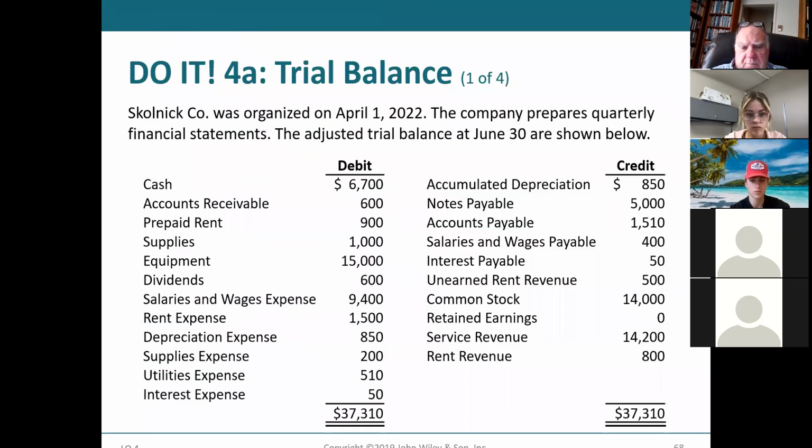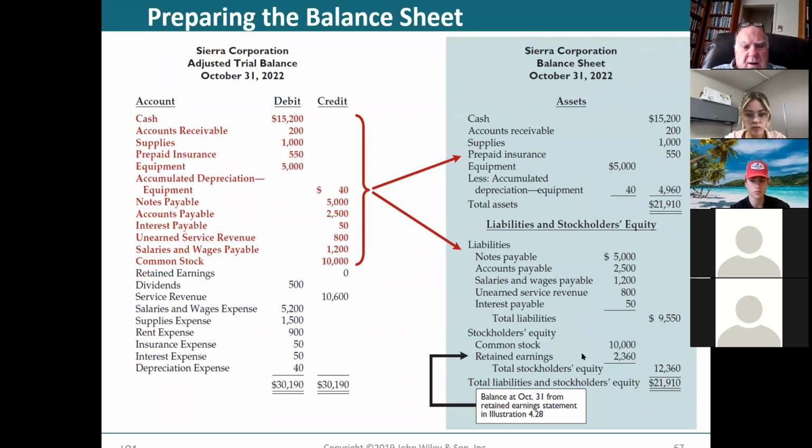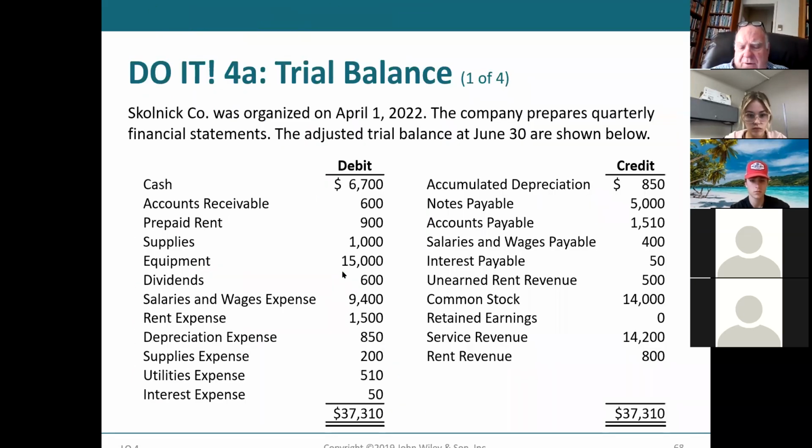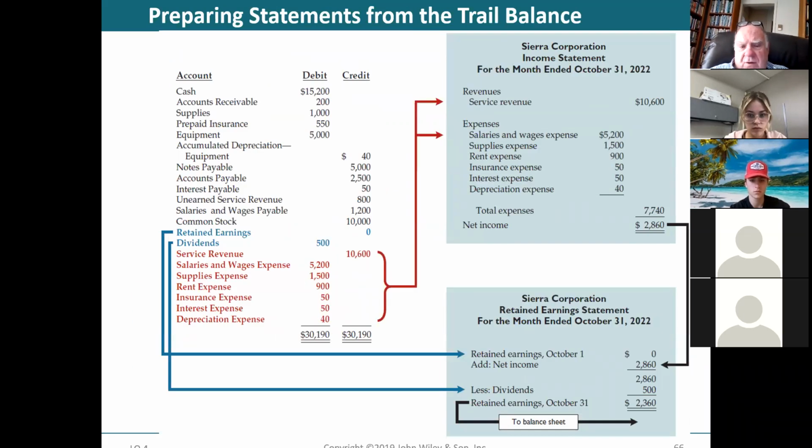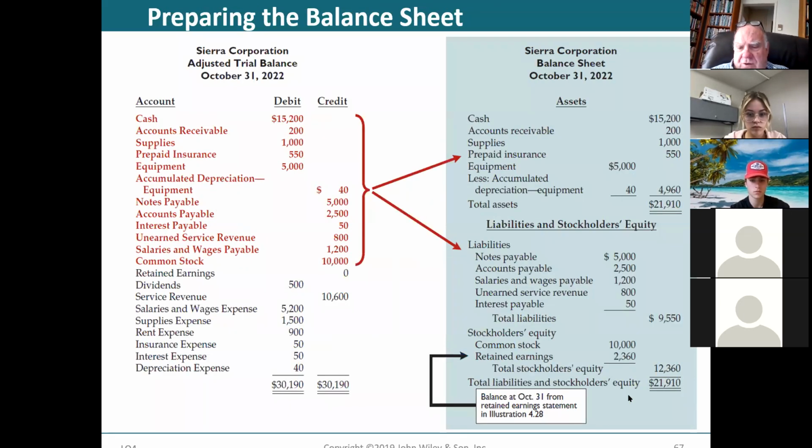The only thing you do with the balance sheet is you copy everything from here, everything except what? Retained earnings, because the retained earnings changed from 0 to 2,360. So in our balance sheet, we're going to see 2,360. This part, I think you guys are pretty good on putting together the statements.